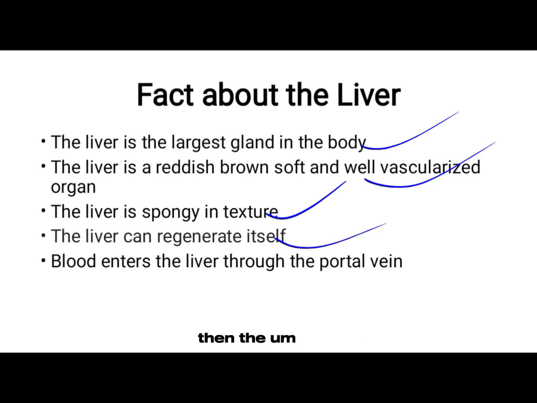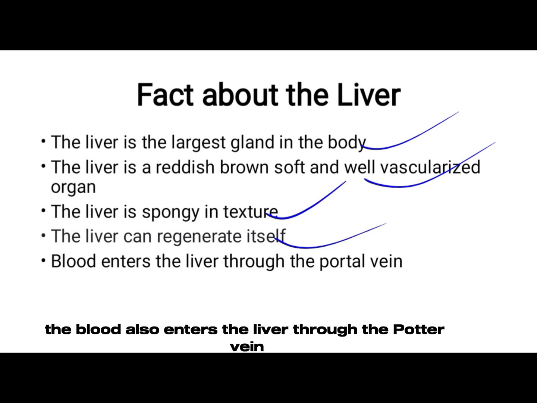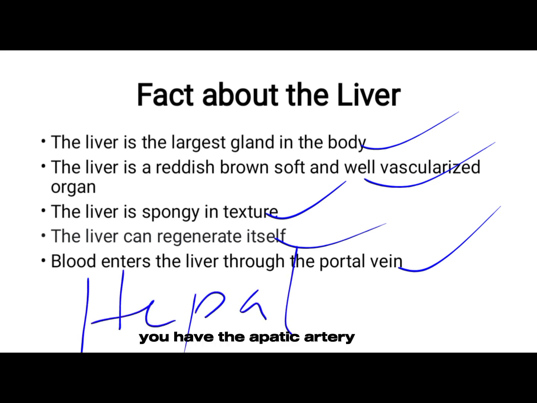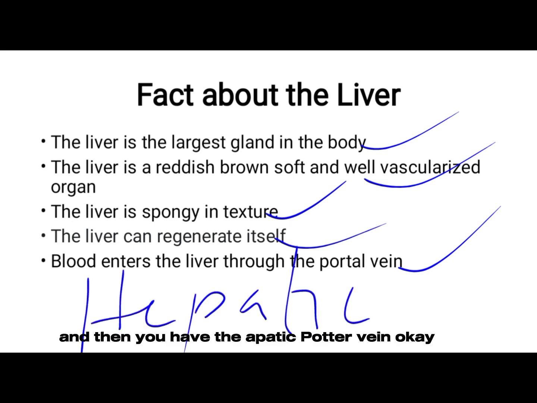Blood also enters the liver through the portal vein. We have 2 different vessels bringing blood to the liver: the hepatic artery and the hepatic portal vein.